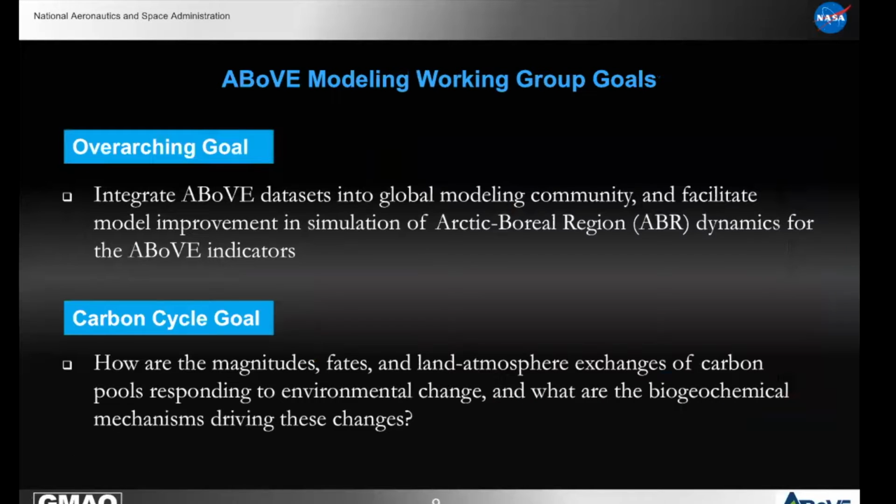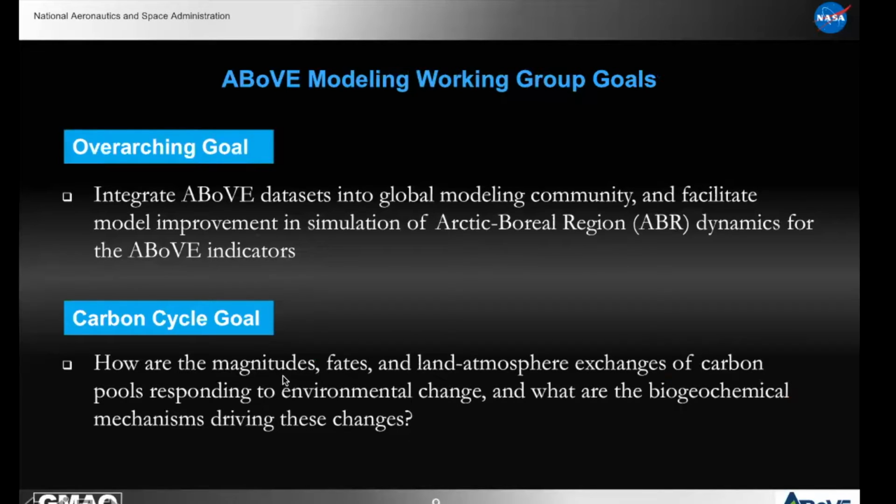The overarching goal of the group is to integrate ABoVE data sets into the global modeling community, disseminate that information to the wider community, and hopefully facilitate improvement in simulation of ABoVE dynamics for the different ecosystem indicators. But if we narrow it down to what the carbon cycle modeling group is specifically interested in, then we go back to this.